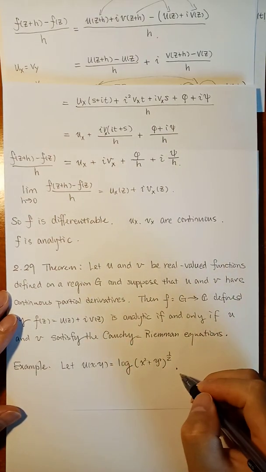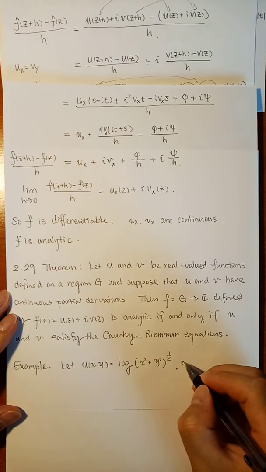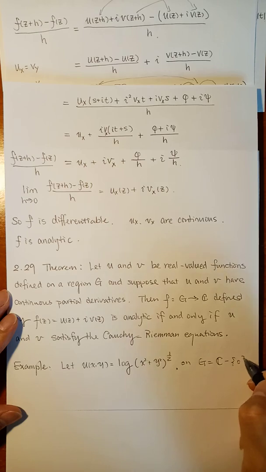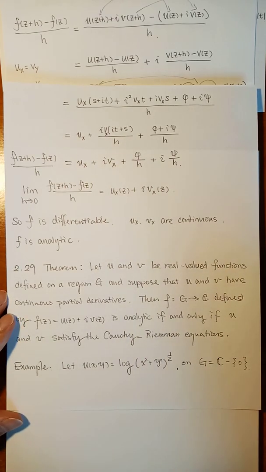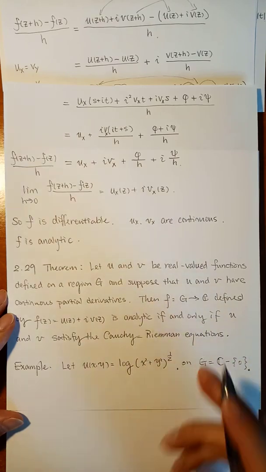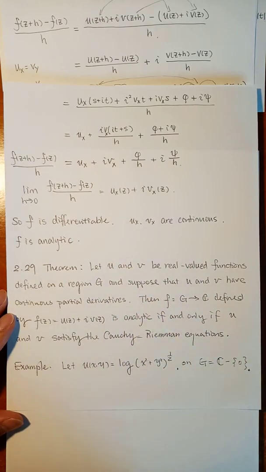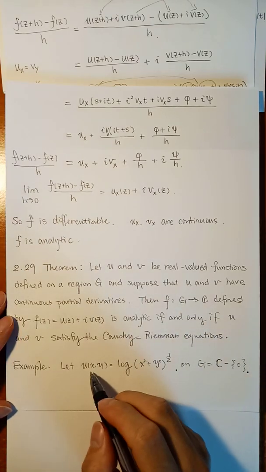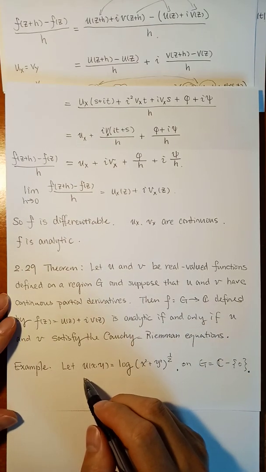We define this function on G equal to the complex numbers but without the origin, because when x, y are both 0, the natural log of 0 is undefined. Let's try to verify if this u is harmonic.